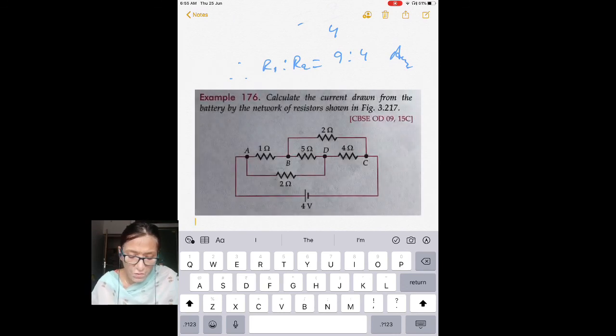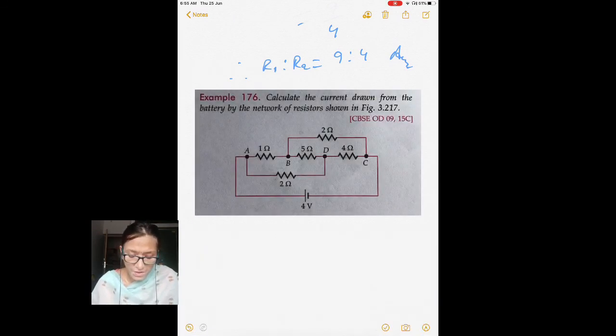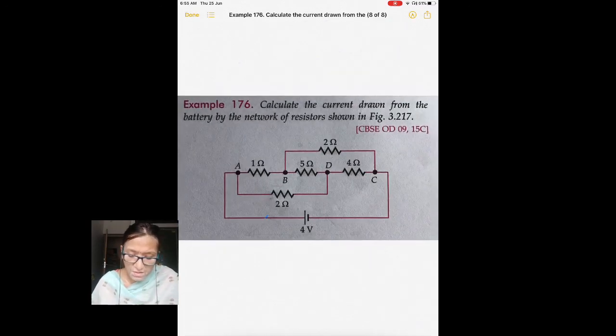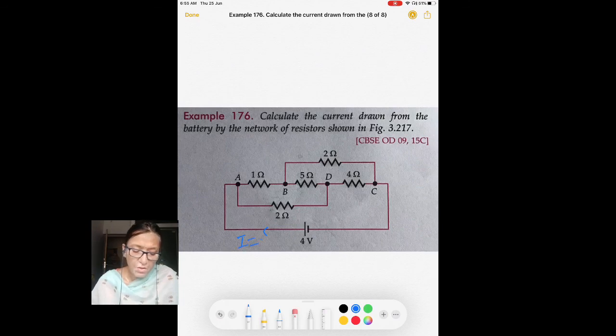Calculate the current drawn from the battery. You have to calculate what current is drawn from the battery. I is equal to what. And you could see here it is not told that it is balanced, but when you find the ratio 1:2, here also it comes 1:2. The ratio is the same, so it is a balanced Wheatstone bridge.